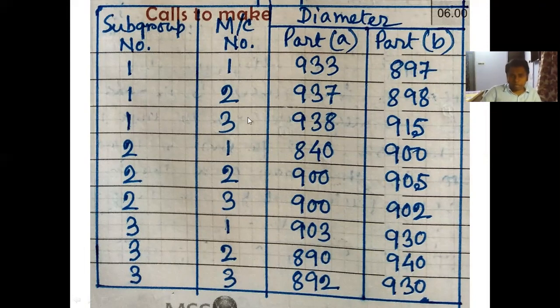The same particular type of machine. For example, under subgroup 1 we have used machine numbers 1, 2, 3. Under subgroup 2, we cannot use machine numbers 1, 2, and 4; we need to use machine 3.